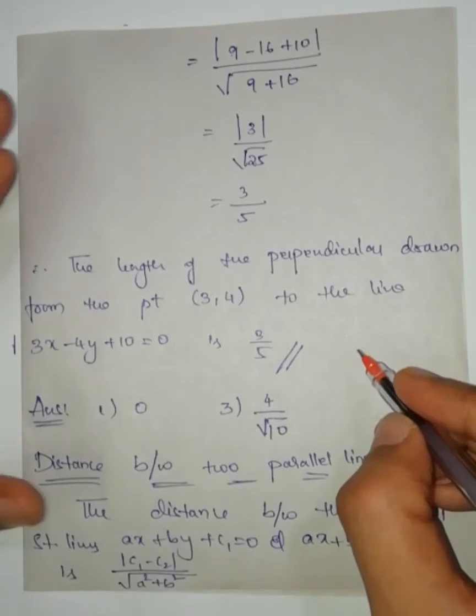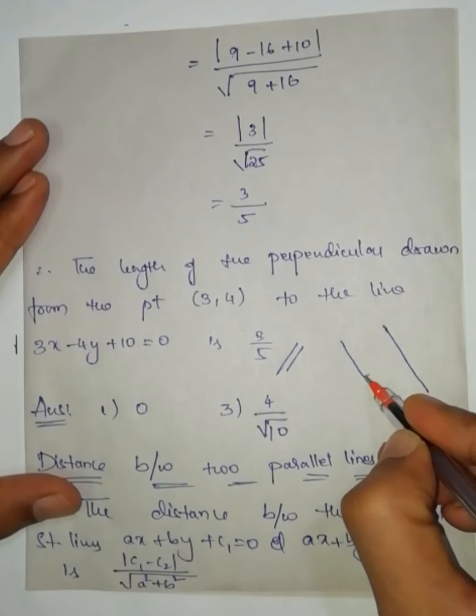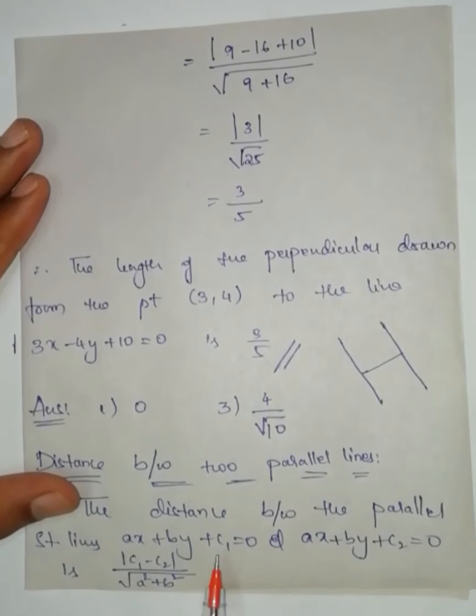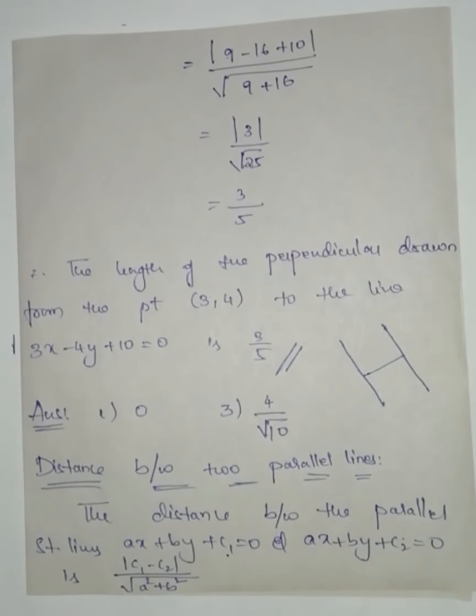If there are two lines which are parallel to each other, then the distance between these two parallel lines is modulus of c1 minus c2 by under root a square plus b square. Let us solve some problems on this formula.